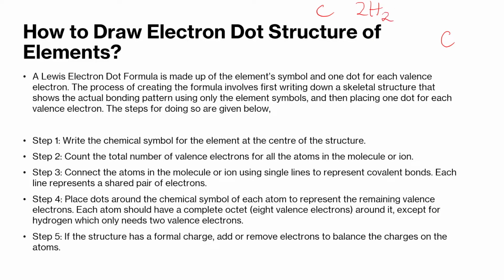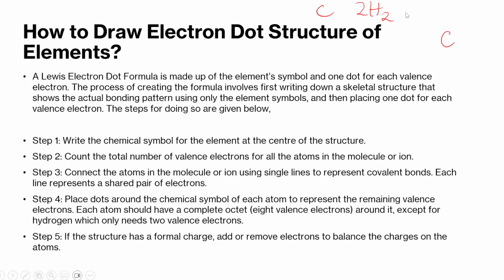How many valence electrons does carbon normally have? Carbon has 4 valence electrons. Wonderful.